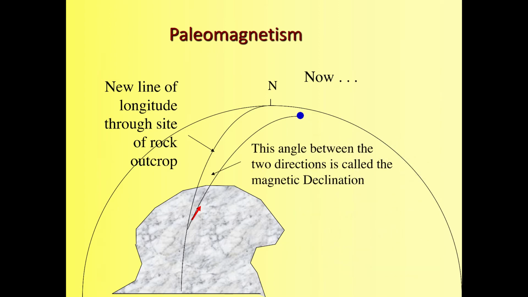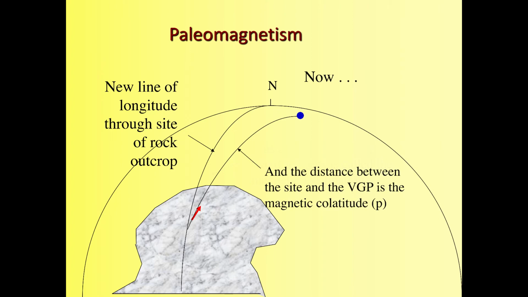Now, the angle between the two directions, the direction of true north and the direction of the VGP, is sometimes referred to as the magnetic declination. Okay? And the distance away that the VGP is, that will change over time as well. Now, this distance from the North Pole to where you are on the Earth's surface is what's referred to as the colatitude.